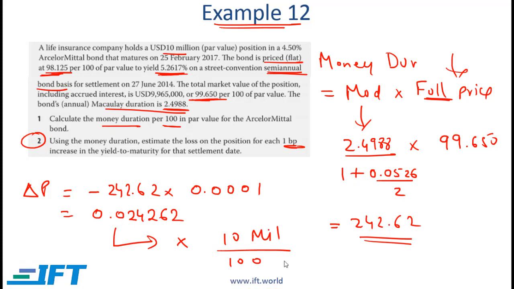And when you do this calculation, what you should get is 242.620. The interpretation here is that if the interest rate changes by 1 basis point, then the value of the bond will come down by 2,426.